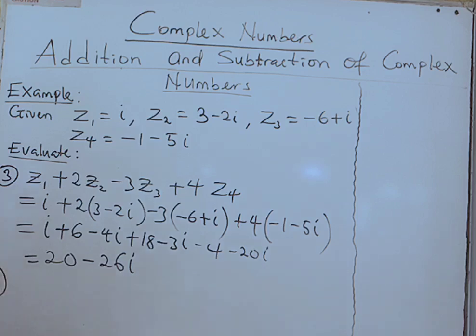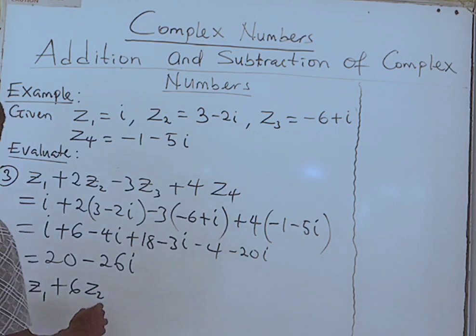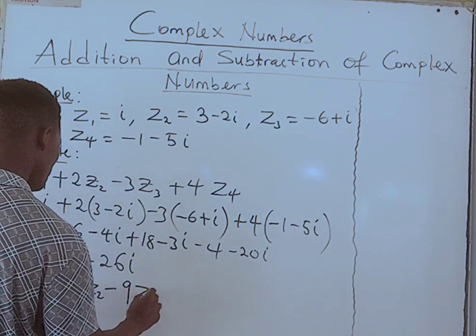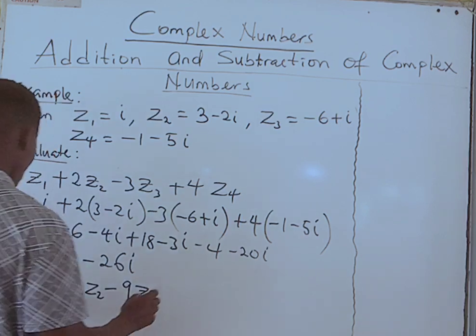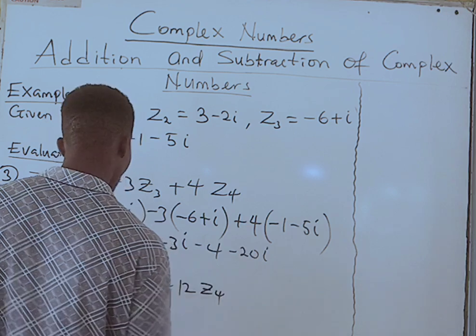And number 4, we are to evaluate 3z1 plus 6z2 minus 9z3 plus 12z4.